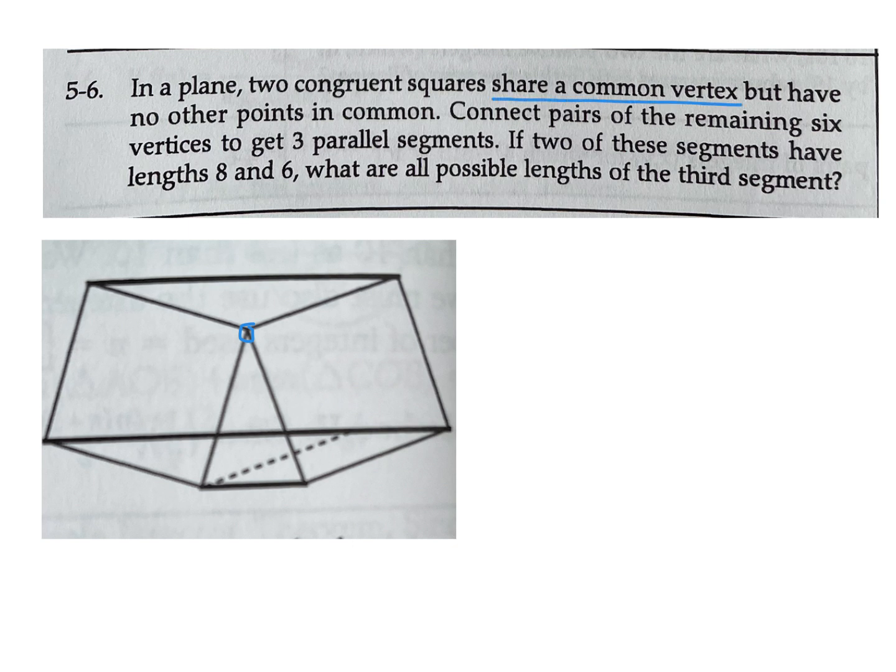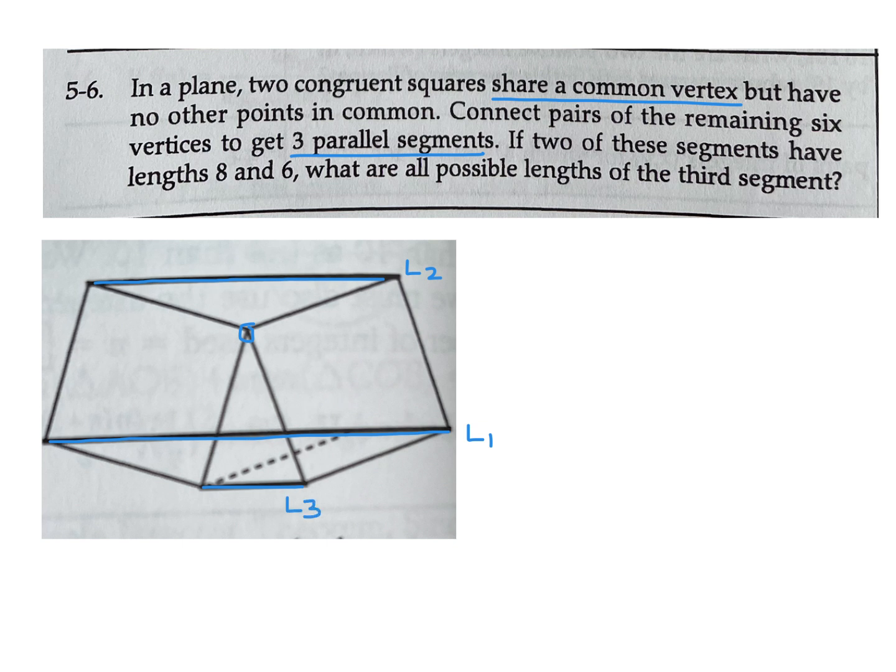And then they have these 3 parallel segments. So you've got this top line, this line, and then the bottom line. Yeah, those are the parallel segments. So we'll call them L1, L2, and L3.